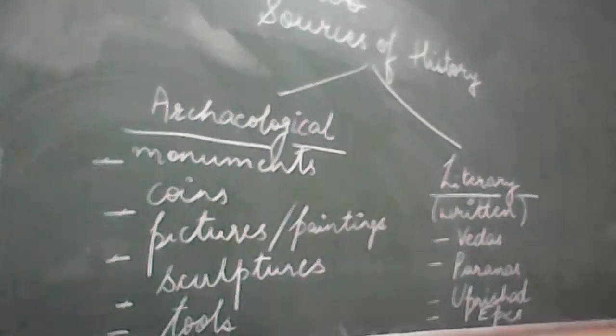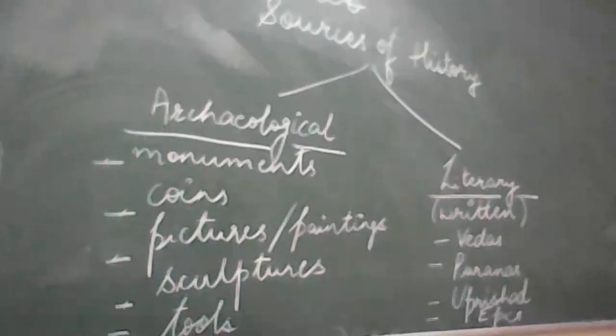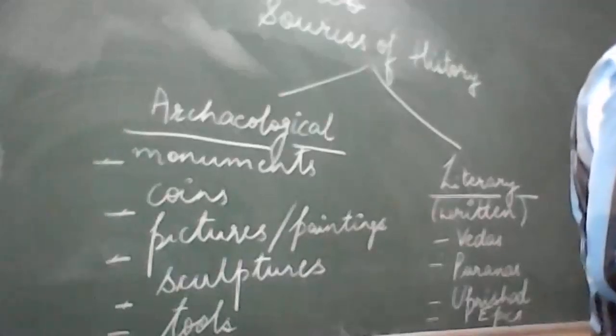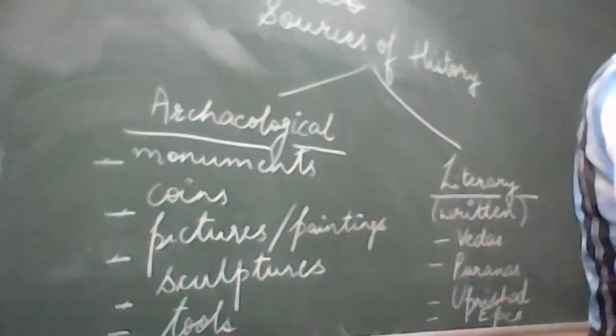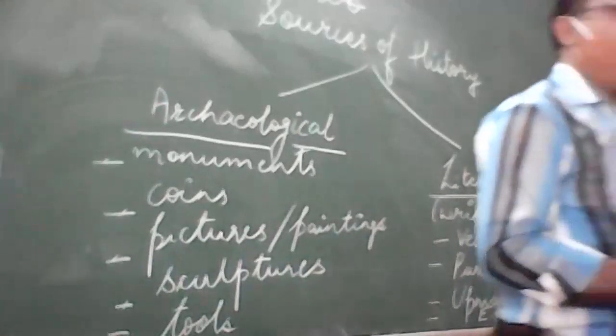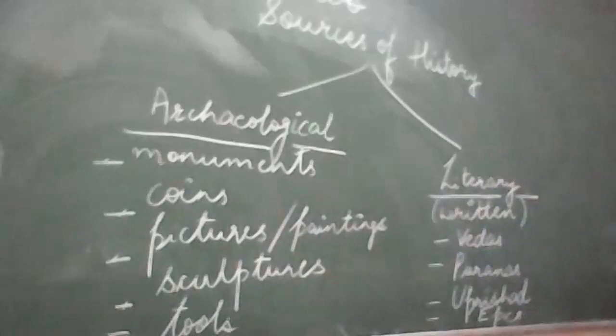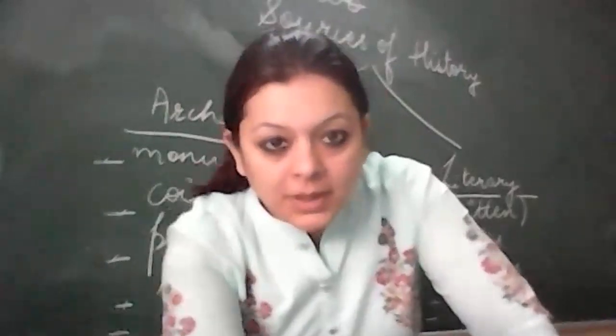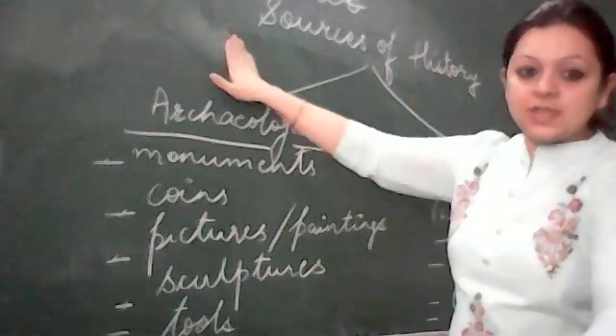Yes, beta, you have to write in your SST copy. Ma'am, we write from under the 3 periods of history. Yes, beta, start from here. Two sources of history.